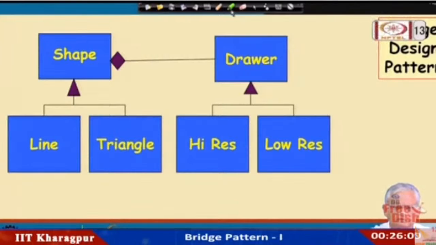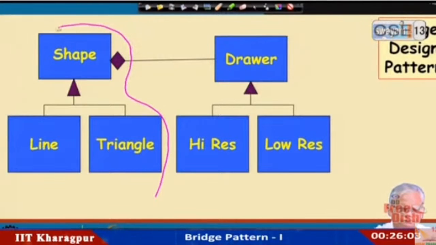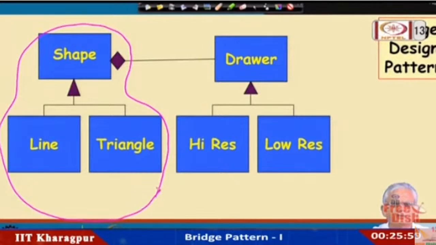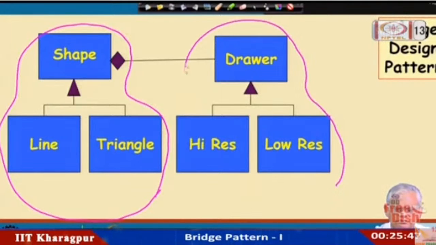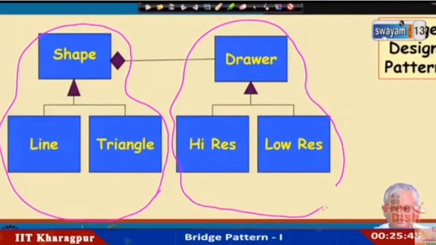Here, on the left side of the pattern, we have the abstraction hierarchy. These are the general concepts which typically don't change too much. On the right side, there is another hierarchy, which is the implementation hierarchy.